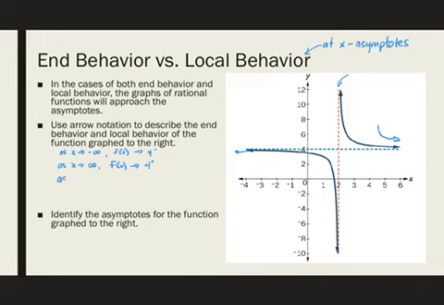So as x approaches, our asymptote is at positive 2, and we have to be specific here. So positive 2 from the negative side, okay? So I'm coming from the negative numbers towards positive 2, so we're looking specifically at this tail. As I approach 2 from the negative side, this function approaches negative infinity.